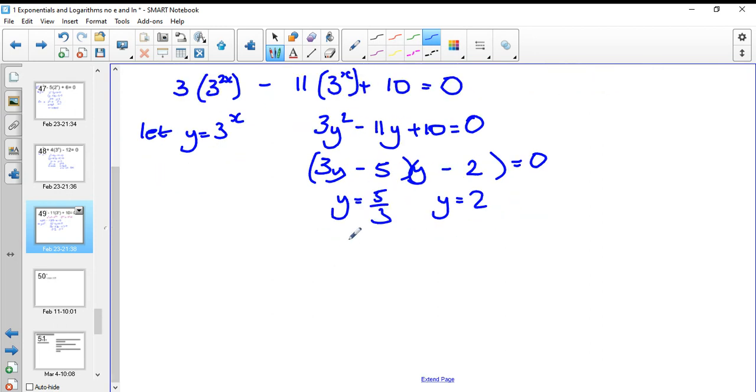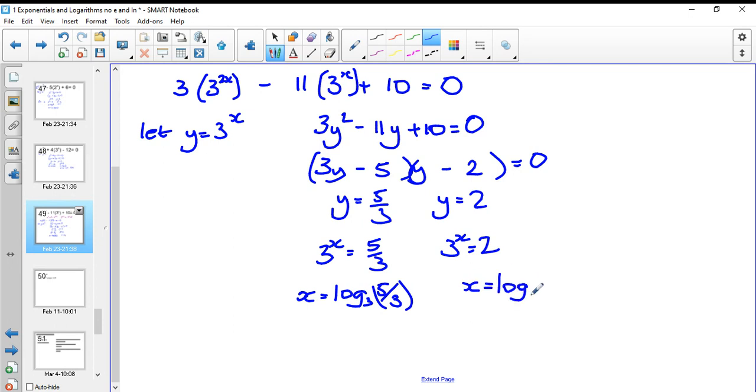Now we just need to pop 3 to the x back in. So 3 to the x equals 5/3. 3 to the x equals 2. And both of these are in base power equals answer, base power equals answer. So if we go into log form, x equals log to base 3 of 5/3, and x equals log to base 3 of 2.